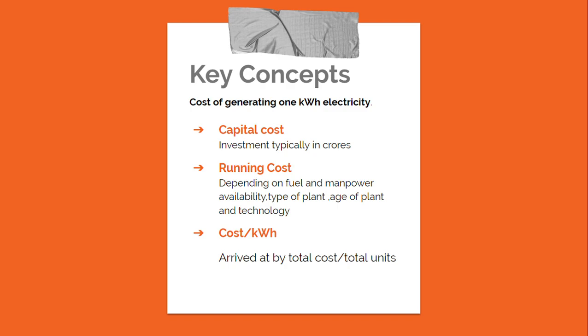So it would be rupees per kilowatt hour. Generally people would not say kilowatt hour, but they would say 1 unit of electricity. So cost in rupees per unit of electricity generated, that ultimately is the output of the economic calculations which we do for a power plant.